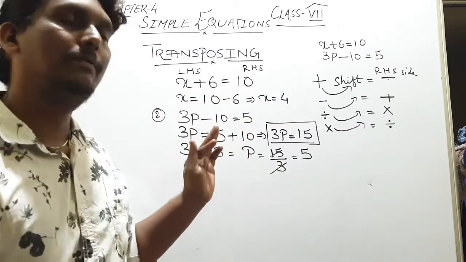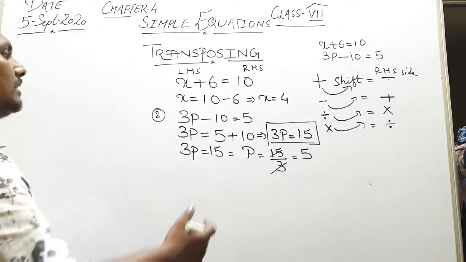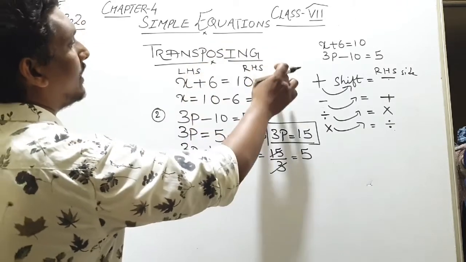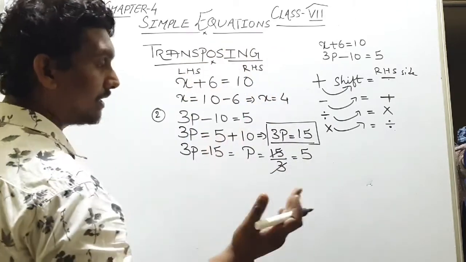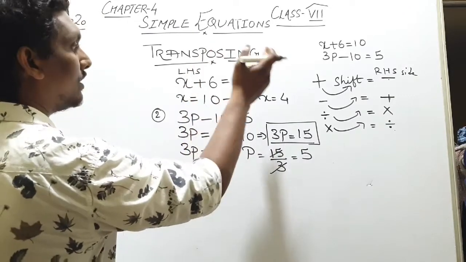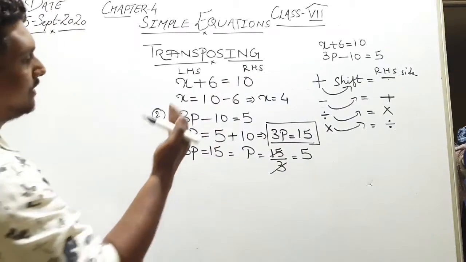This method is very easy as compared to the previous one. In the previous one we have to remember whatever number we are taking this side, the same we have to take while shifting the numbers, right? Suppose plus is given here, we have to subtract on both sides minus 6, right? But here no need to do that.